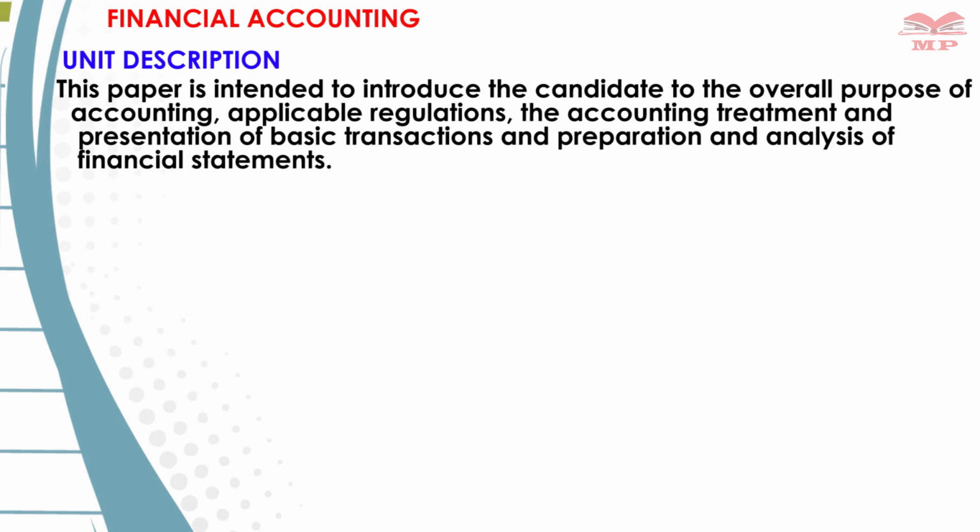That is the objective of this subject. It is to introduce you as a candidate to the overall purpose of accounting, applicable regulations, the accounting treatment and presentation of basic transactions, and preparation and analysis of financial statements.